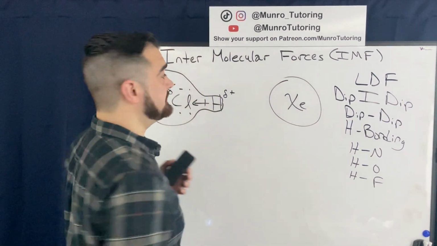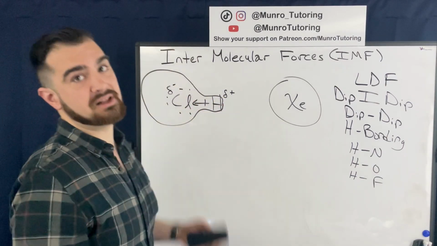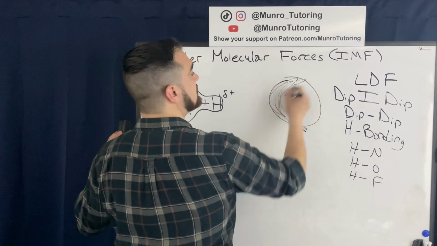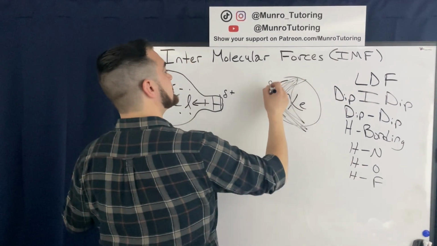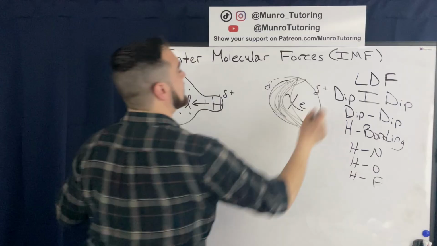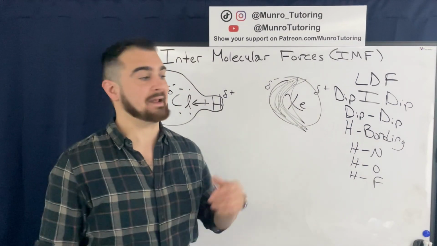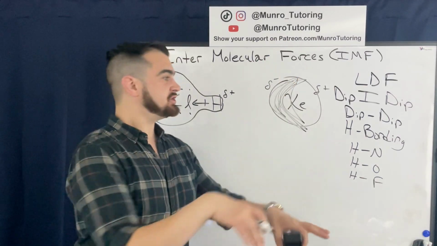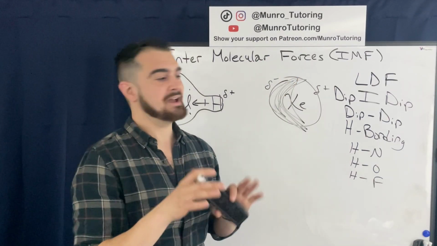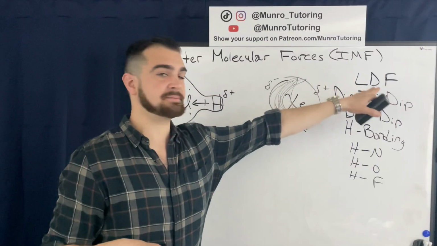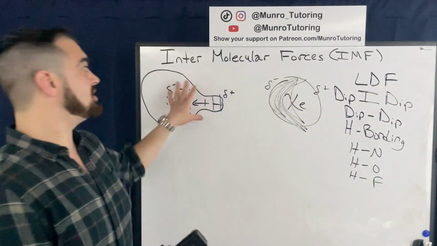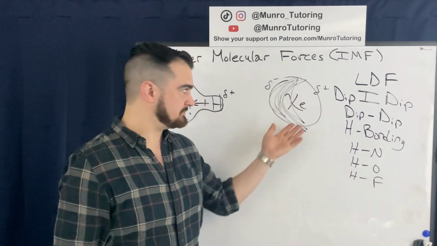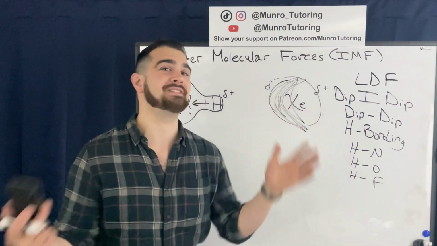This partial positive from this polar molecule, this permanent dipole, is going to attract the electrons in the xenon, just like we saw in the London dispersion forces, except this time, instead of the first nonpolar molecule just happening to have its electron cloud shift to one side instantaneously, and then you get this little interaction like the London dispersion forces, now we have a permanent dipole inducing a dipole in a nonpolar molecule or atom, just a nonpolar species, right?